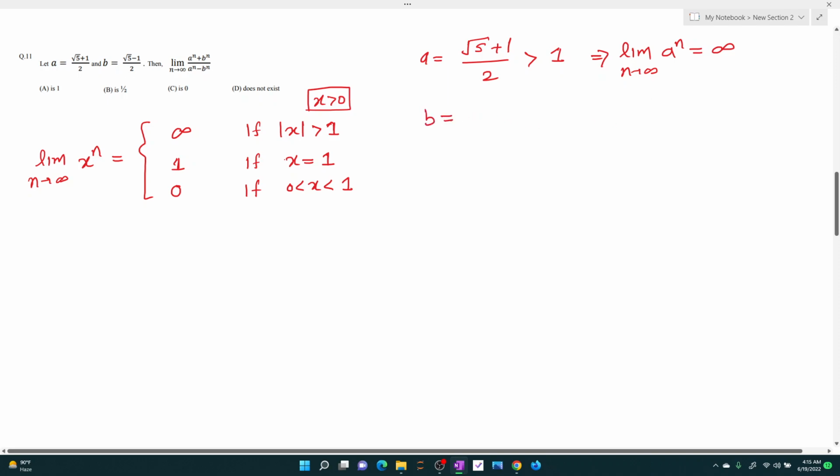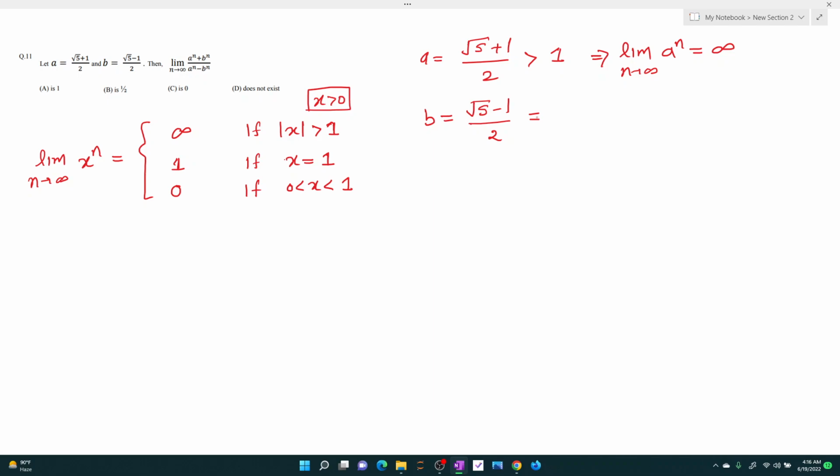So here the value of b is root 5 minus 1 by 2. Now, see, root 5 is something greater than 2, so when I subtract 1 from here, the value will become less than 2, right? Why am I saying this? Because root 5 is definitely less than root 9, that is 3, right?